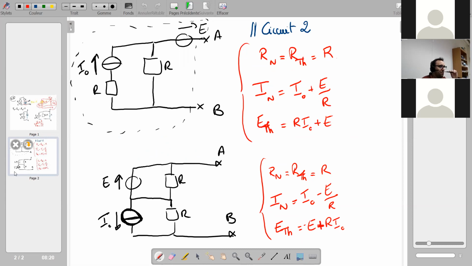Don't be fooled by the direction of ETH. If you're applying the Norton model, link A and B with a wire, go and look for a certain ICC current, and remember that the direction you pick for ICC is going to be just the opposite of IN.